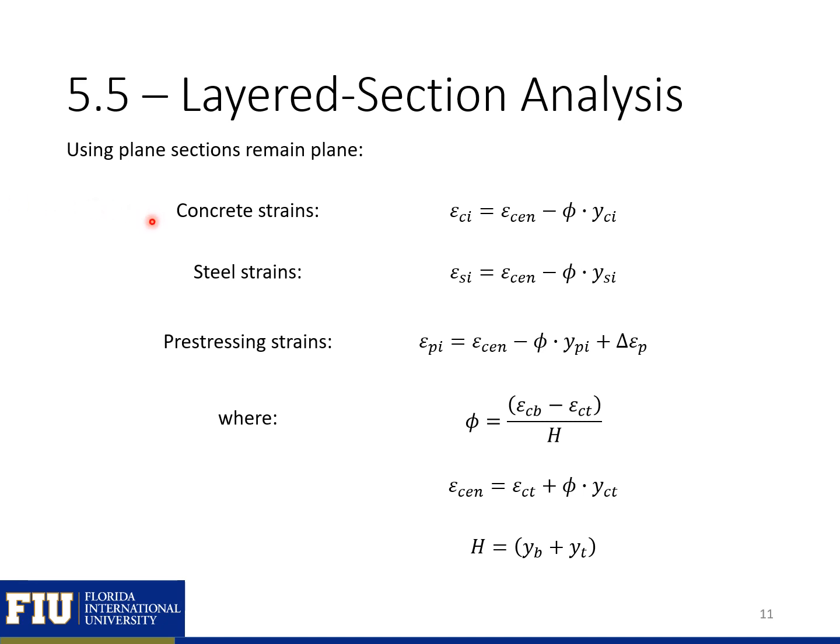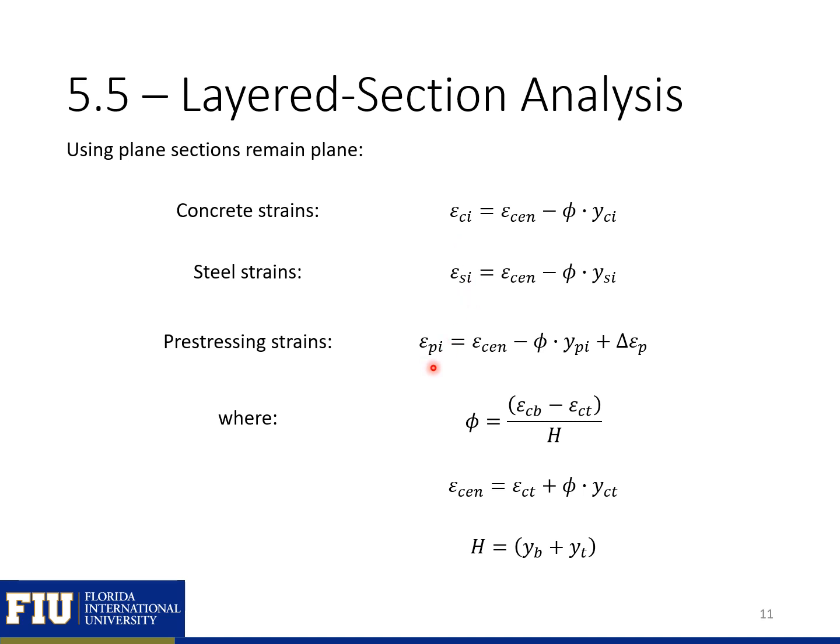We can find the concrete strain, steel strain, and pre-stressing strain based on the strain at the centroidal axis, the curvature, and the distance between the centroidal axis and the layer of interest. So we can find the concrete strain at each individual concrete layer, at each steel layer, and at each pre-stressing layer.